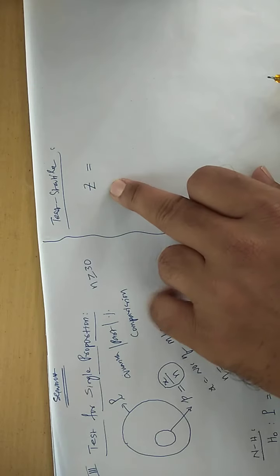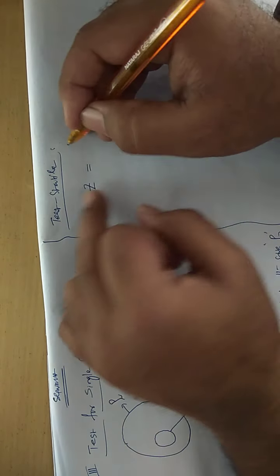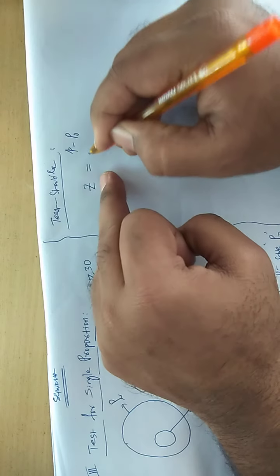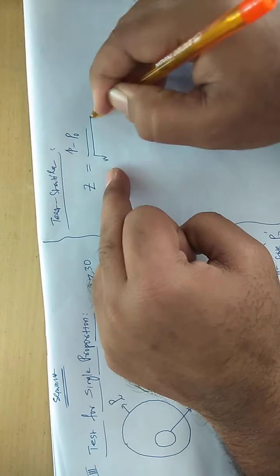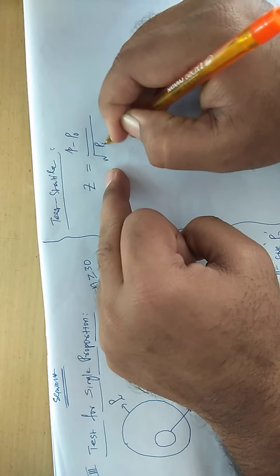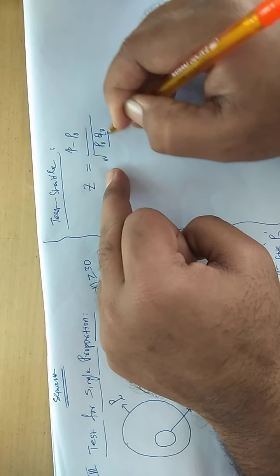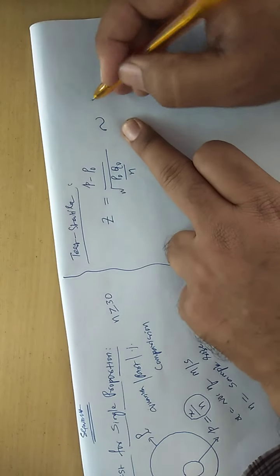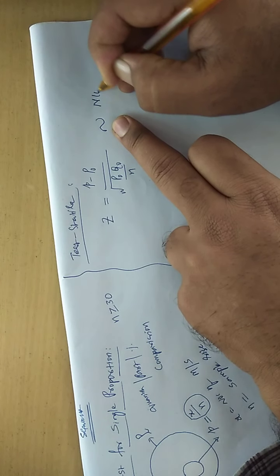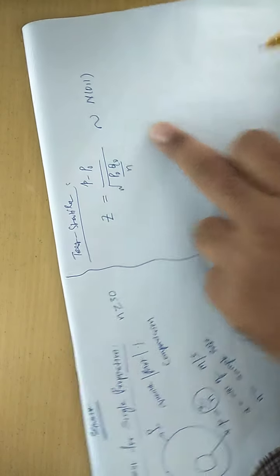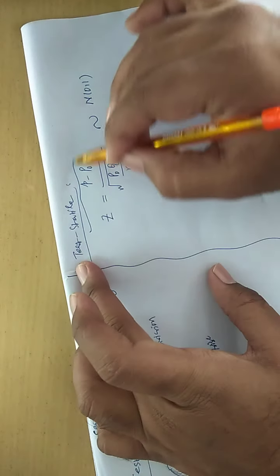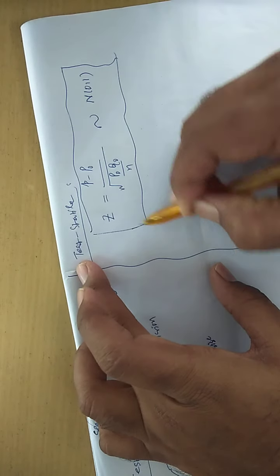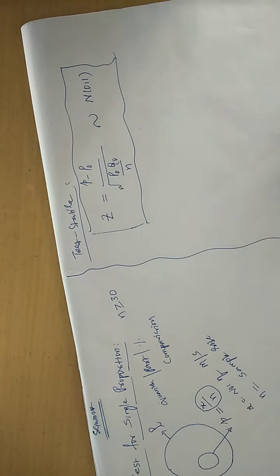We denote it by Z. Z is equal to small p minus capital P naught, whole divided by the square root of capital P naught capital Q naught by n, which follows the standard normal distribution 0, 1. So this is called the test statistic formula for the large sample test under single proportion.